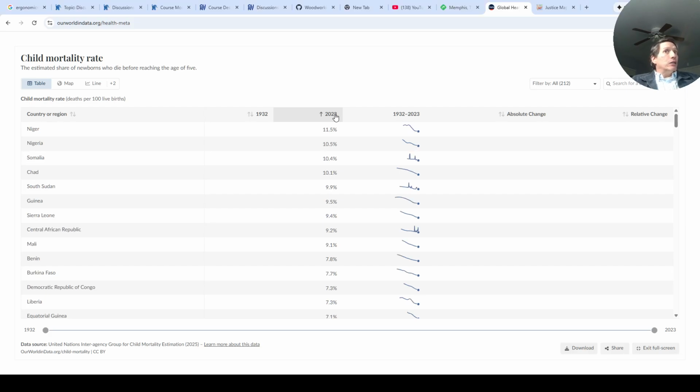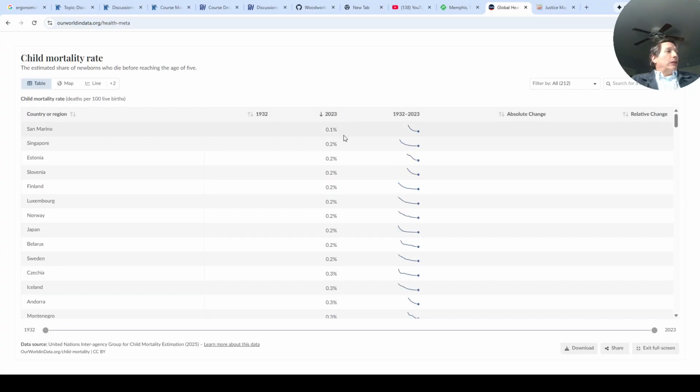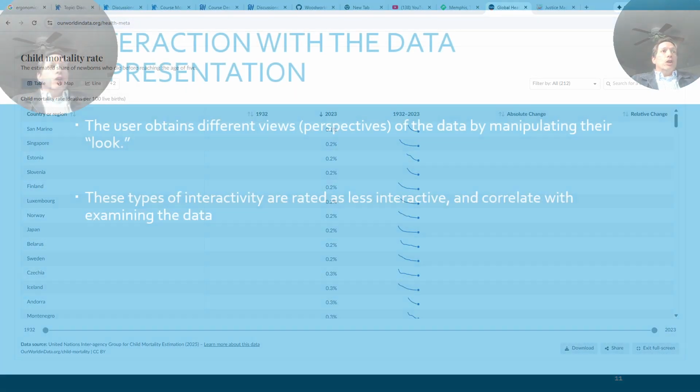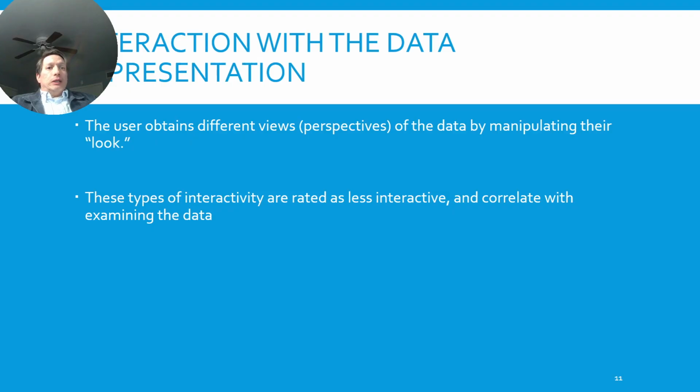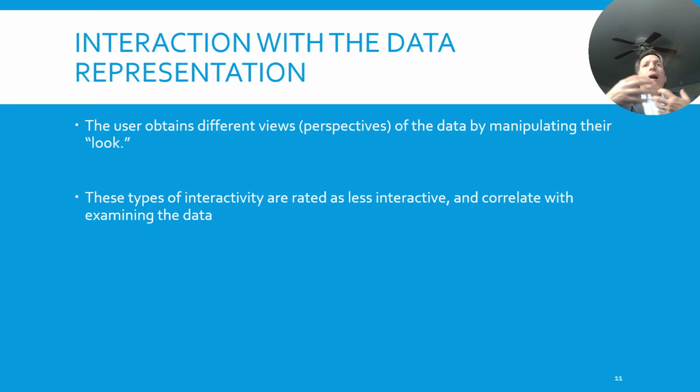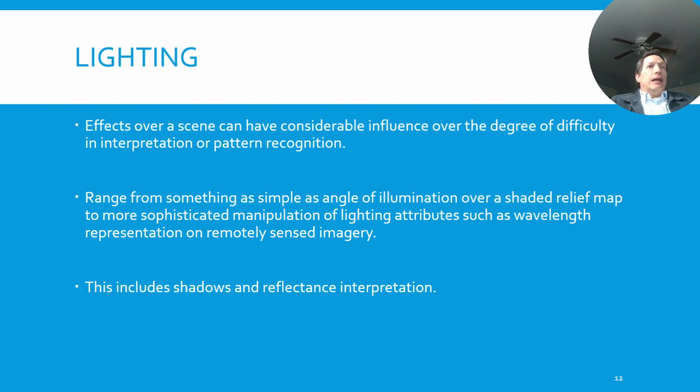Then I can change the representation of the data and the way that it is sorted. And they say, oh, Niger is the country with the highest mortality, or the lowest are San Marino, Singapore, and Estonia. And this is just a simple way of interacting with the data representation that allows us to have different looks of the data.